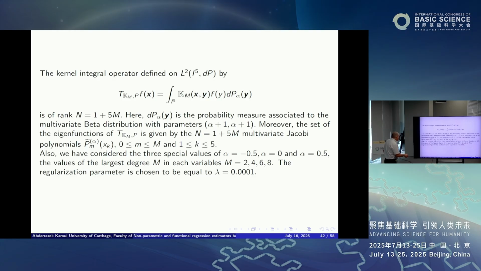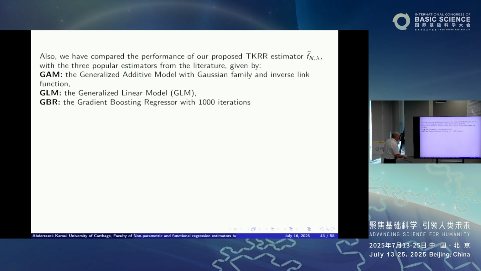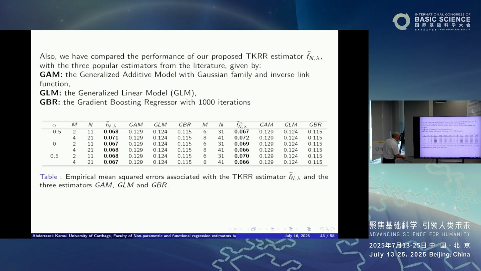The penalization parameter is 10 to the power minus 4, and this is the mean square error of our estimator for the quality score. Compare it with classical estimators like GAM, generalized additive model, or the general linear model.